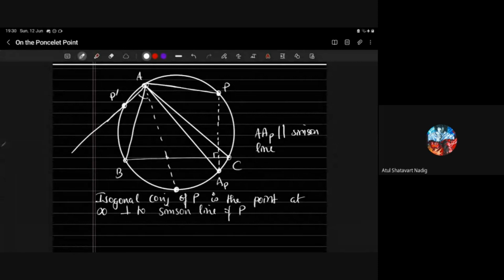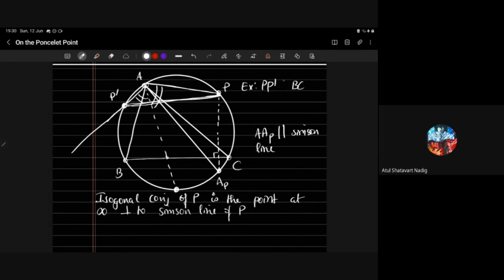Now these two are symmetric, and we know that, like how do I say this? Okay, you can say that PP prime is parallel to BC, right? Yeah, okay, I'll give that as an exercise only. Exercise: P prime is parallel to BC.